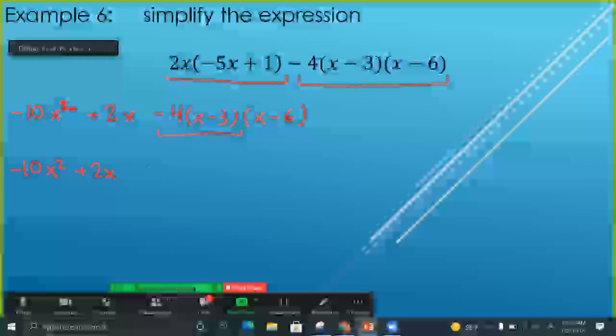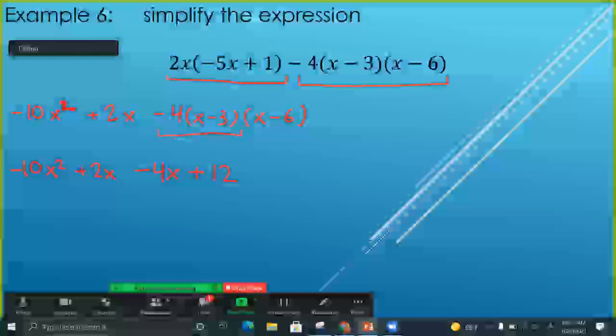So negative 4 times x is negative 4x. Negative 4 times negative 3 is plus 12. And let's see, that is all going to be multiplied to x minus 6. Even the negative 4x.